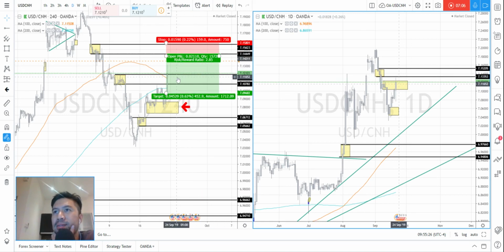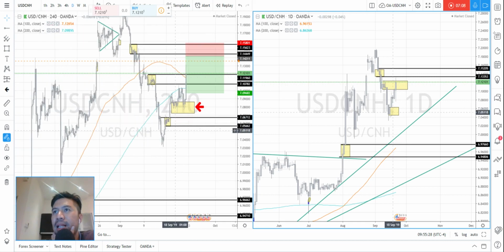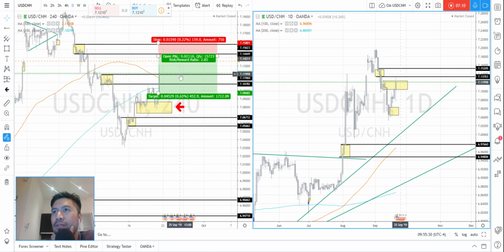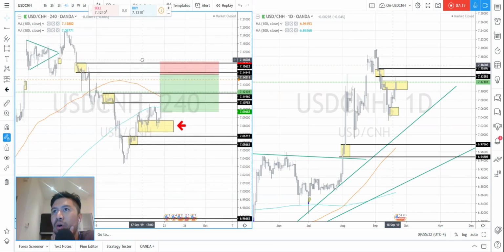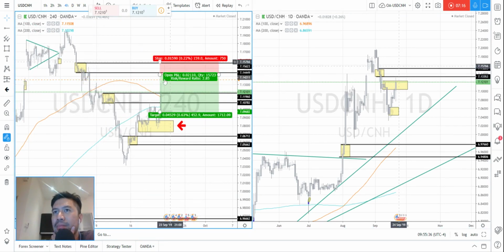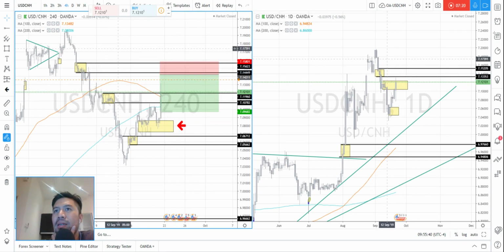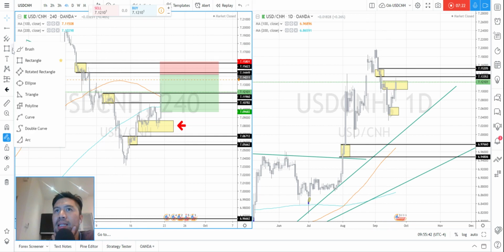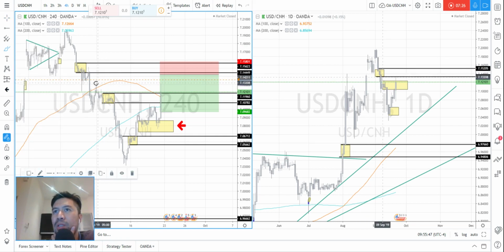Okay, but like what I've said, if you are into the 4-hour chart, by looking at the left-hand side, there's a possibility that the price could maybe go down. But once again, there have been a lot of retracements already here. This one, and even this one already retested it.